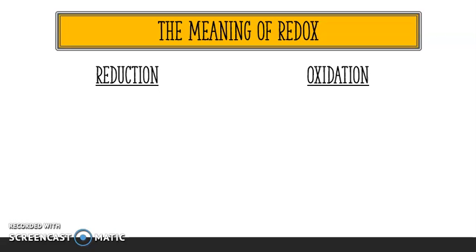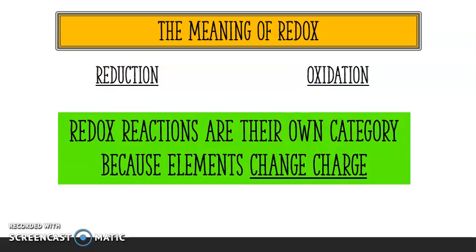So first of all, redox is a shortened collection of two different words, reduction and oxidation. That's where the red comes from, the reduction, and the ox comes from the ox part of oxidation. Now, redox reactions are in their whole own category because they do something that double replacements do not do.